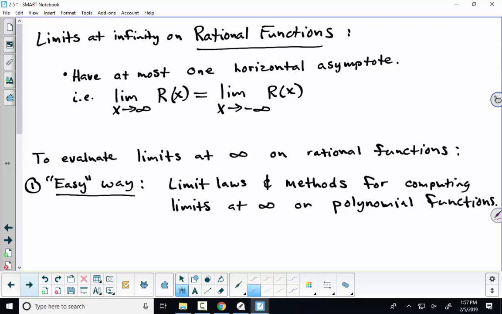And maybe if we just sketched a graph of a rational function, something like this, for instance. So hopefully those functions seem somewhat familiar, right? So notice whether we approach infinity or negative infinity, the function itself is getting closer and closer to 0.